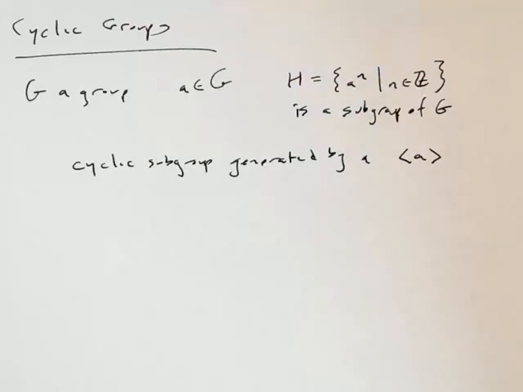If any of our elements generate the entire group, then the group is cyclic. But even if the group itself isn't cyclic, we can still look at these subgroups within it.